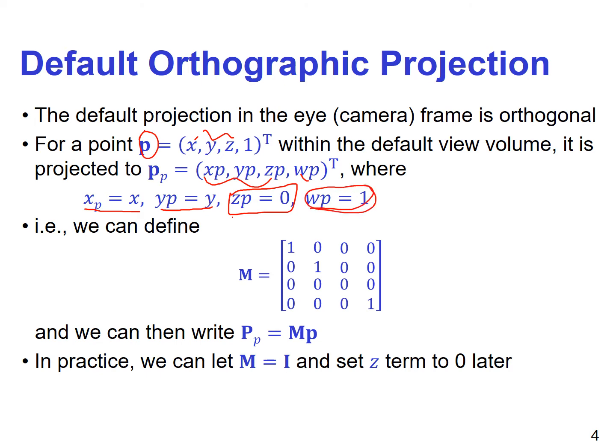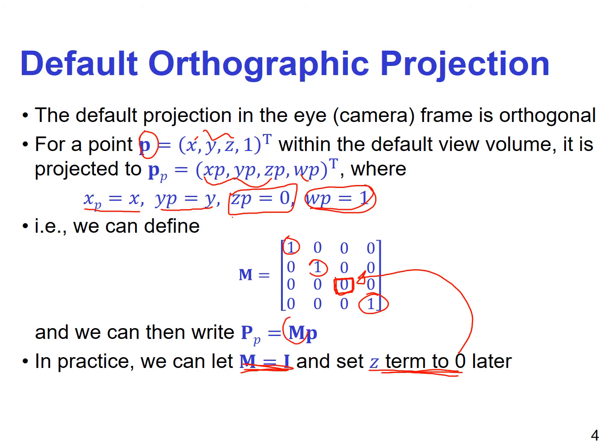This can be represented by a 4x4 matrix, which is a diagonal matrix with 1 entries in the diagonal, except for the Z coordinate entry in the diagonal, which is 0, and of course the last entry is the scaling factor. So we can start from an identity matrix and then set the Z parameter to 0 in the identity matrix like this and derive the orthographic projection matrix.